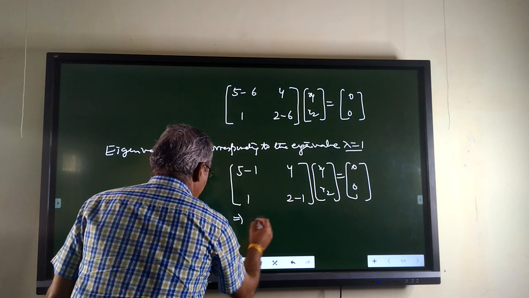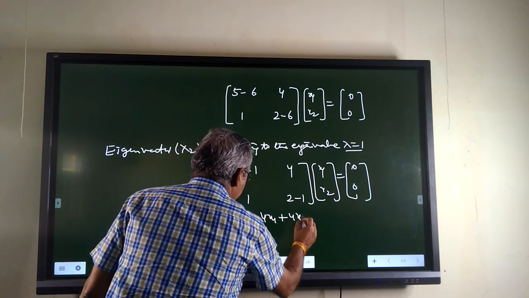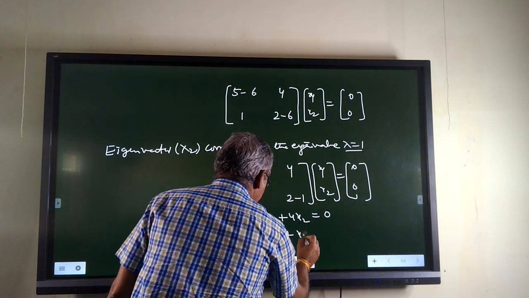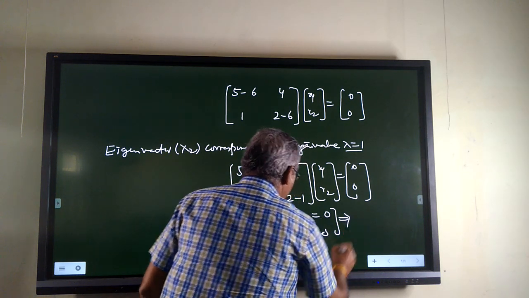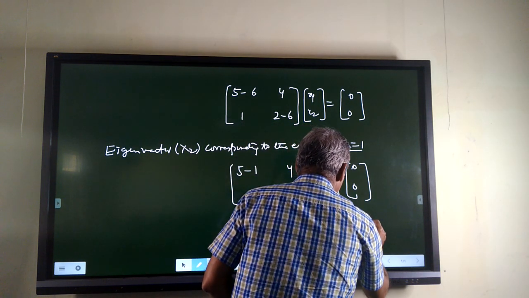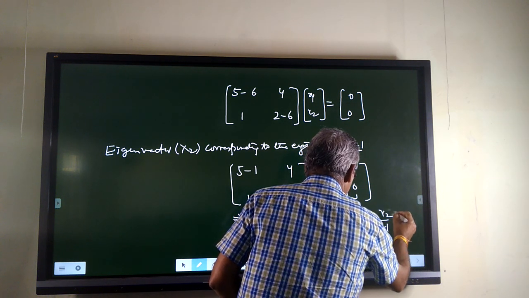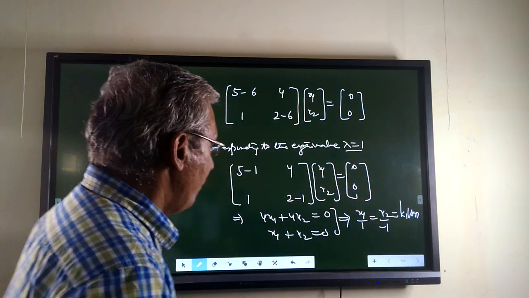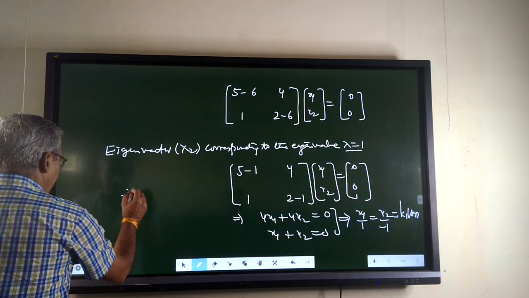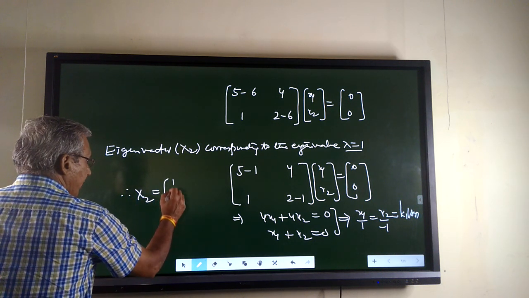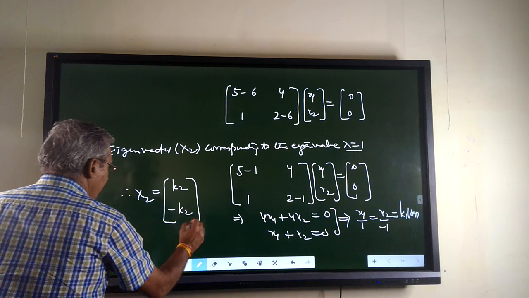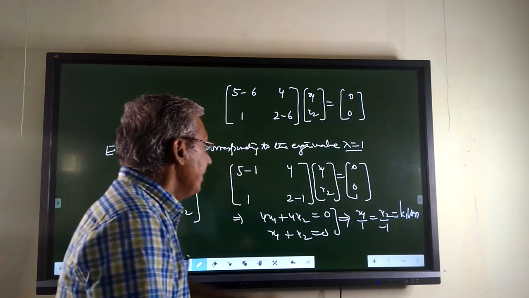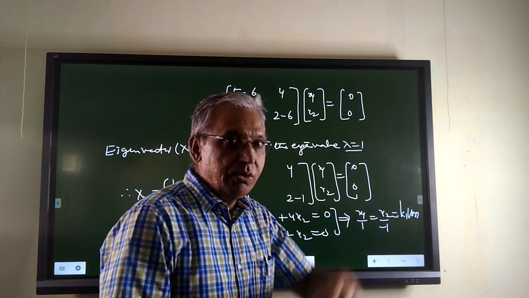After solving these relations, we have 4x1 plus 4x2 equals 0 and x1 plus x2 equal to 0. After solving these homogeneous equations, we have x1 upon 1 equal to x2 upon minus 1. Suppose this is k, where k is an arbitrary value. So therefore x2 equals minus k. If you are putting k equal to 1, therefore x2 equal to (1, minus 1), which is the required eigenvector corresponding to the eigenvalue lambda equal to 1.